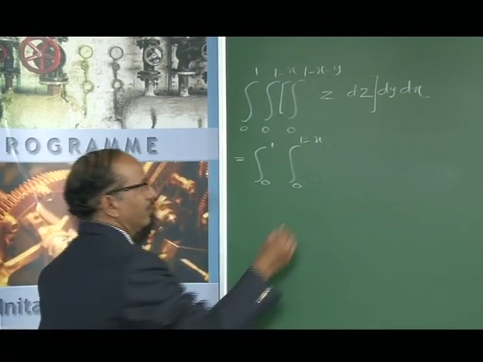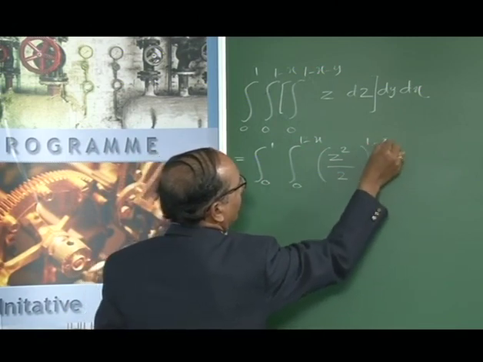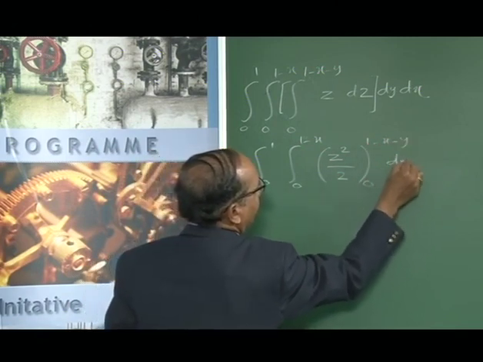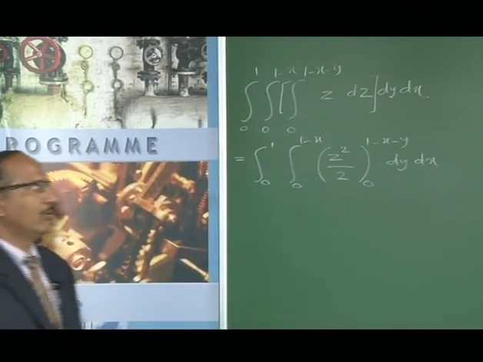So, keeping the other integrals as they are, integrating z with respect to z, the integration of z is z square by 2, apply the limits 0 to 1 minus x minus y, dy dx. So, z is over.